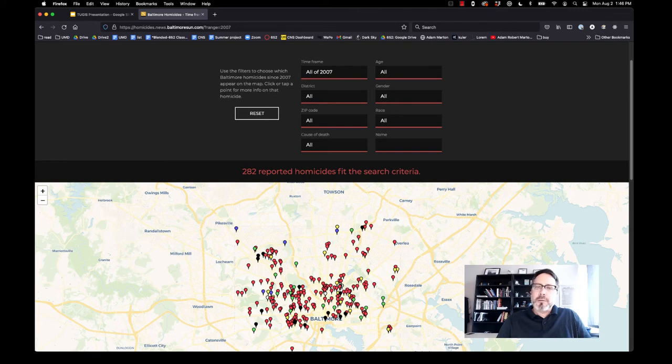And that's the other thing I want to talk about. The reporter who collects this data is Justin Fenton, who's a really dedicated and dogged crime reporter for the Sun. And he maintains this database. This is his data. He collects it, he maintains it, he keeps it current, and he uses it to double check and keep the Baltimore Police Department honest, which is really important.